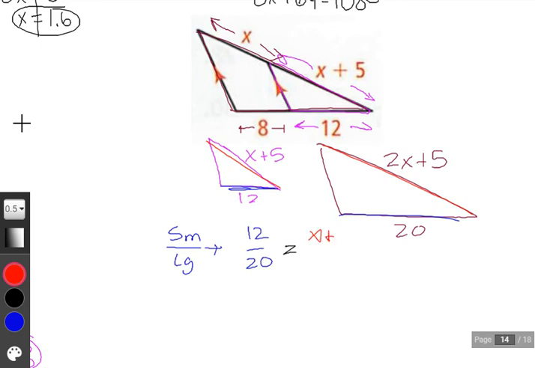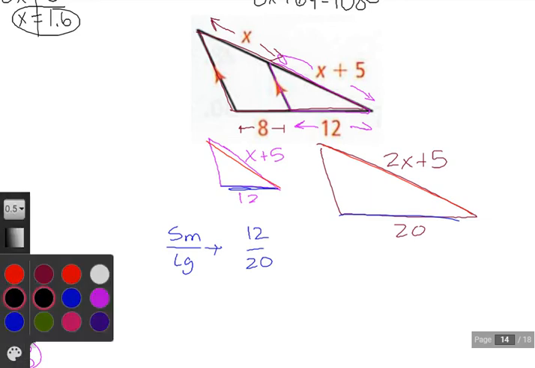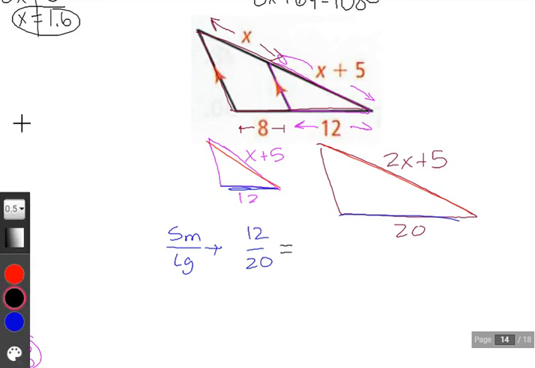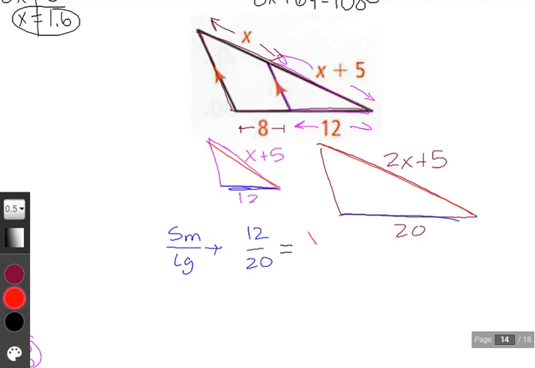That's getting real messy. Okay, so small triangle on top, that's going to be x plus 5. Large triangle on bottom, 2x plus 5. So we see we're creating these opportunities for distribution. Okay, so let's cross multiply.